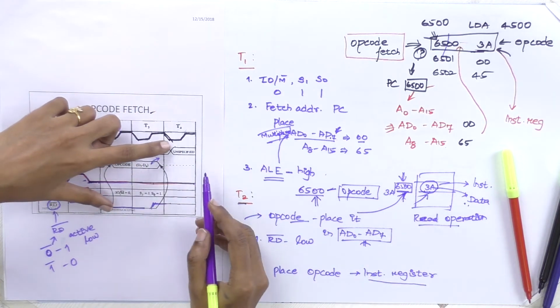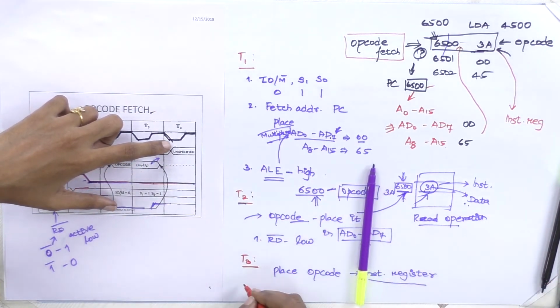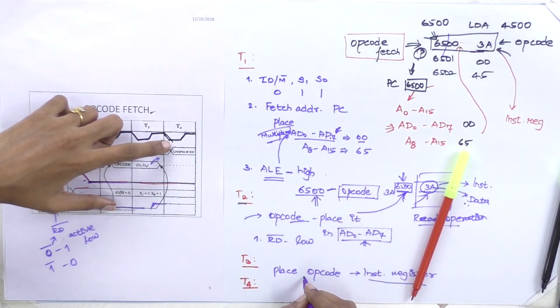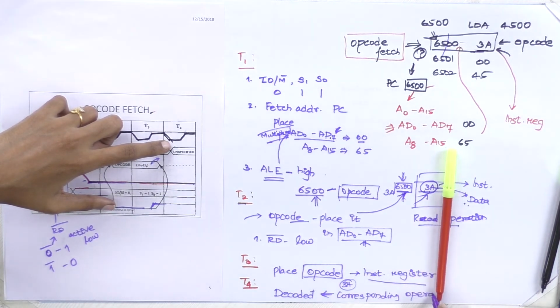Okay, so next we will see T state 4. At T state 4, the opcode that we have fetched from the memory will be decoded. So what do you mean by decoding? The opcodes are nothing but hex values. The processor, during the decode operation, will know what corresponding operation it has to perform by seeing this opcode.